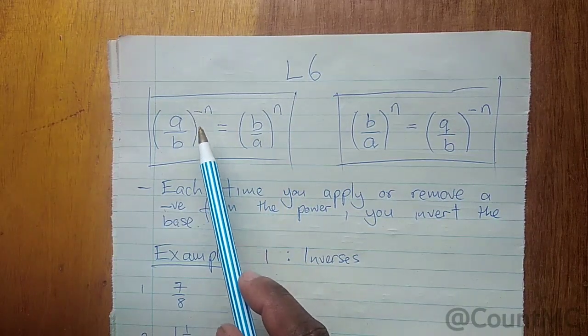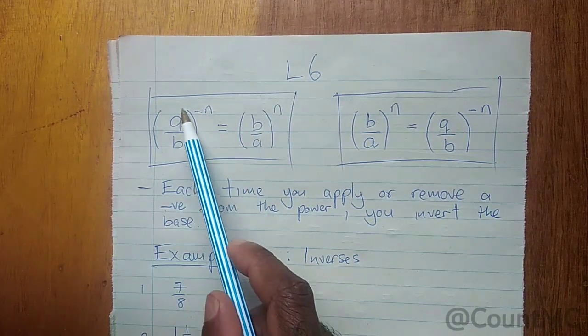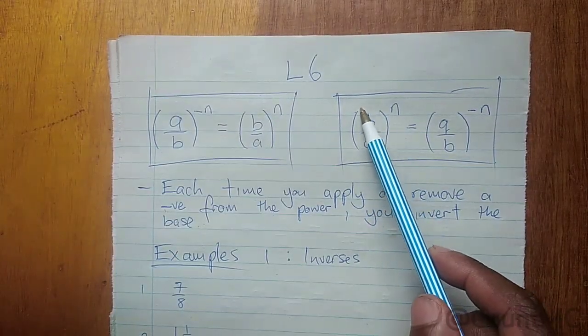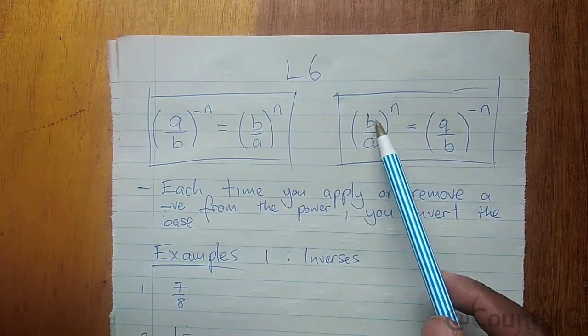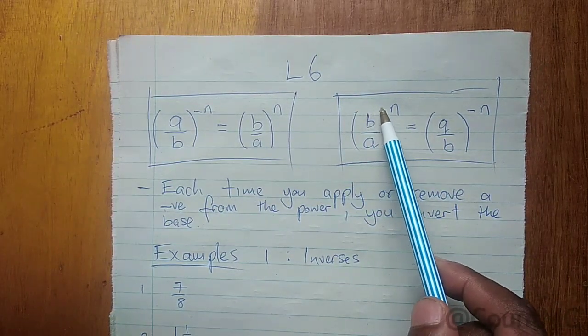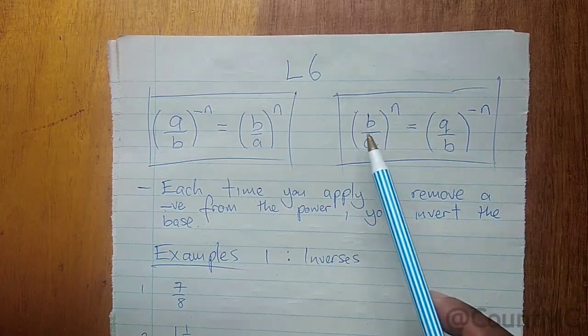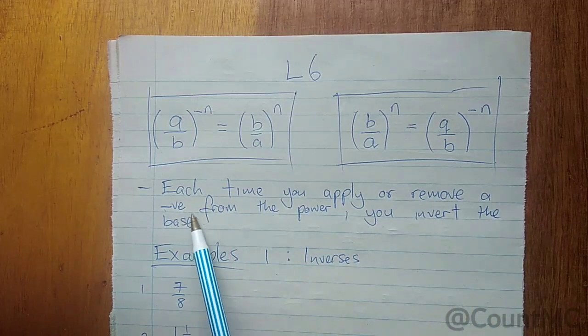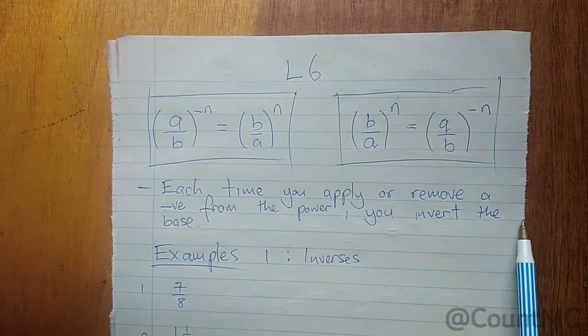We removed the negative sign and we inverted the base. This whole thing is the base. Or if you are given a fraction like this, if you introduce a negative sign here, you invert. What are we saying? Each time you apply or remove a negative from the power, you invert the base.